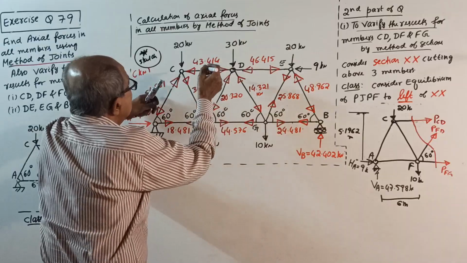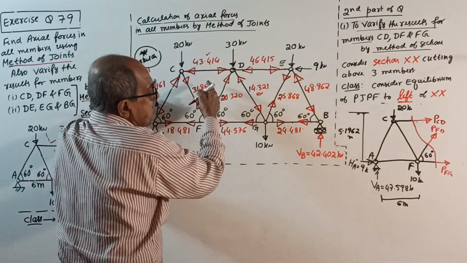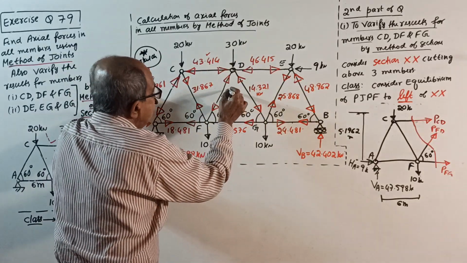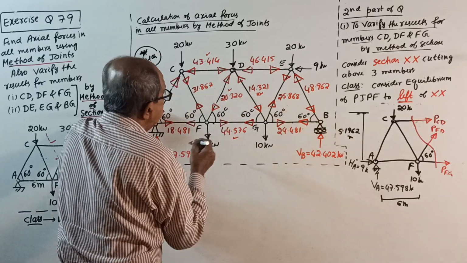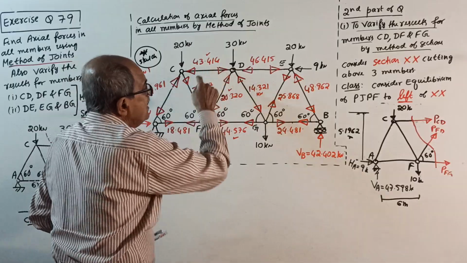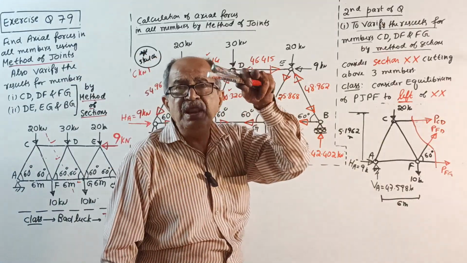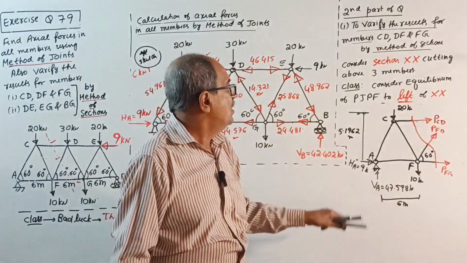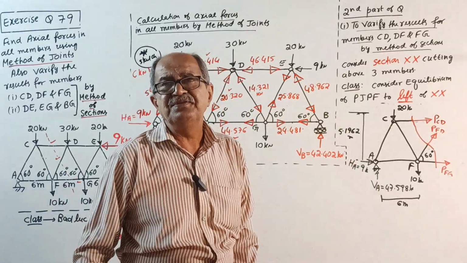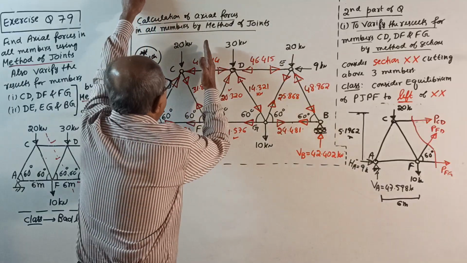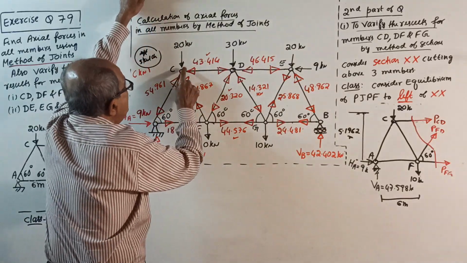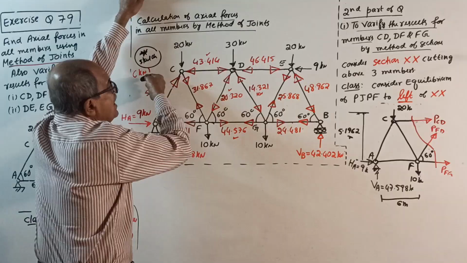And see, we got this axial force, then this axial force, these three you got here, they wanted to verify by method of sections. When you are verifying by method of sections, from the joint C, this force is coming to the joint.